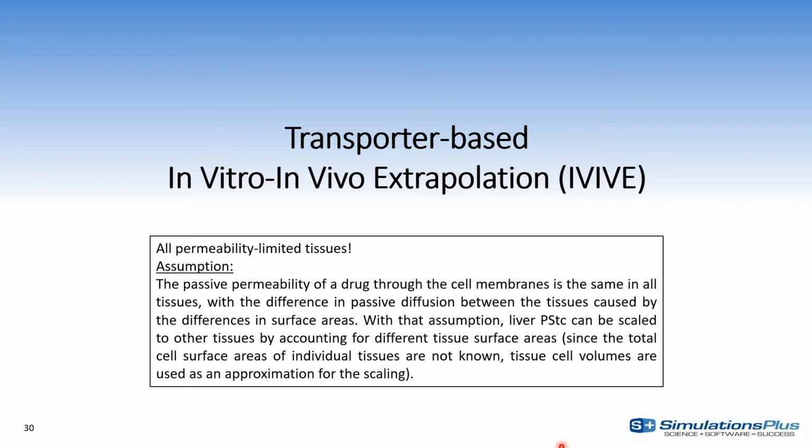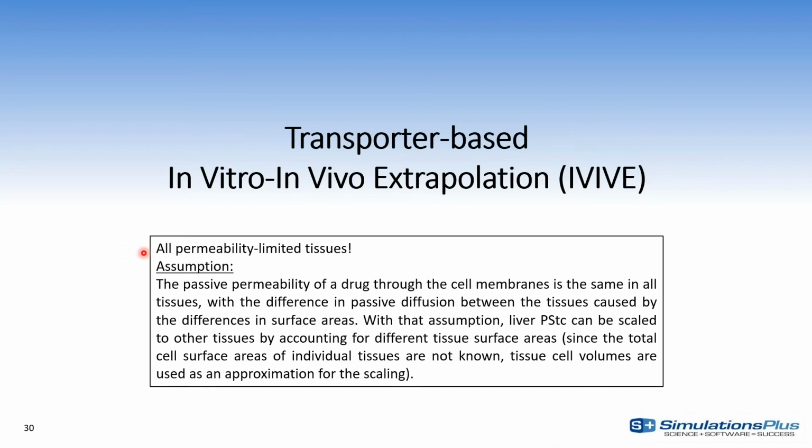They do not consider that low passive permeability might affect other tissues as well. So if we assume that the cell membranes have the same structures across different tissues, if you see low permeability in the liver tissue, we should also see low permeability in all the other tissues.